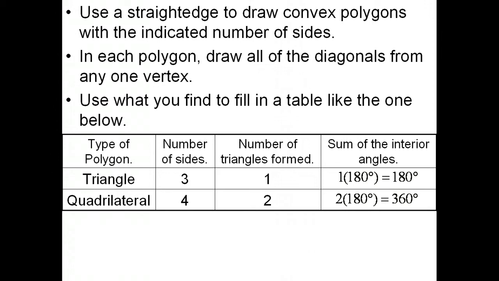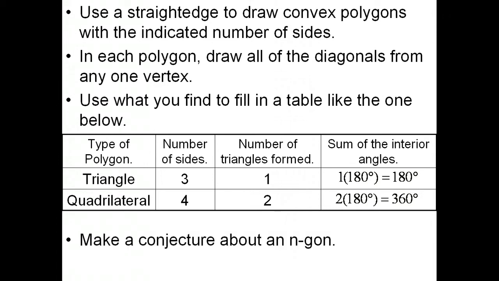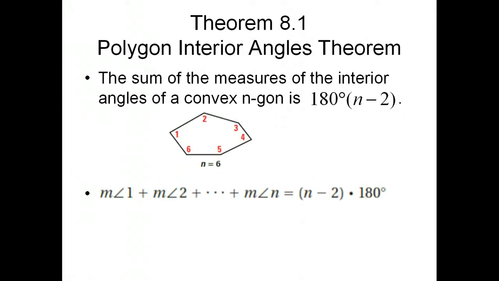So you should try it with a pentagon and a hexagon, heptagon, and so on. And then make a conjecture about an n-gon, with any number of sides. What we find out when we do that is that a polygon's interior angles always add up to be 180 times n minus 2.